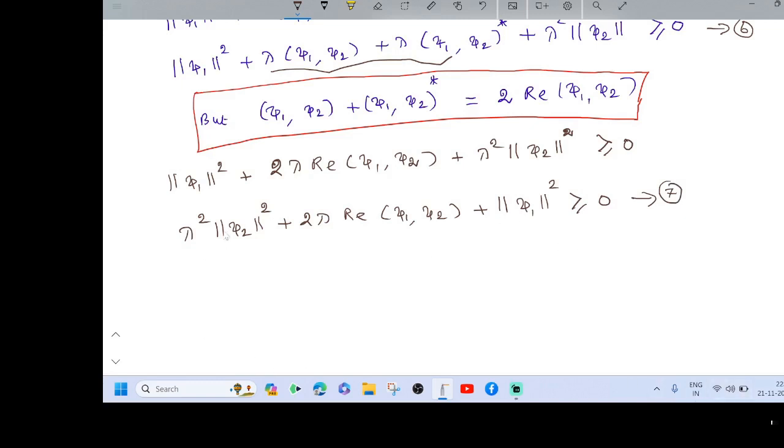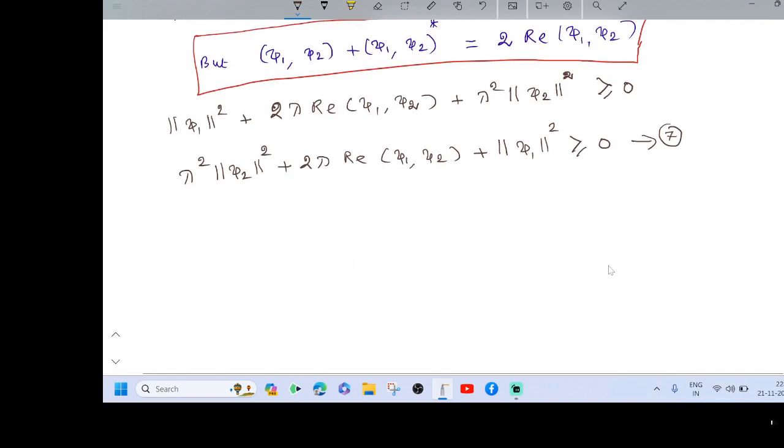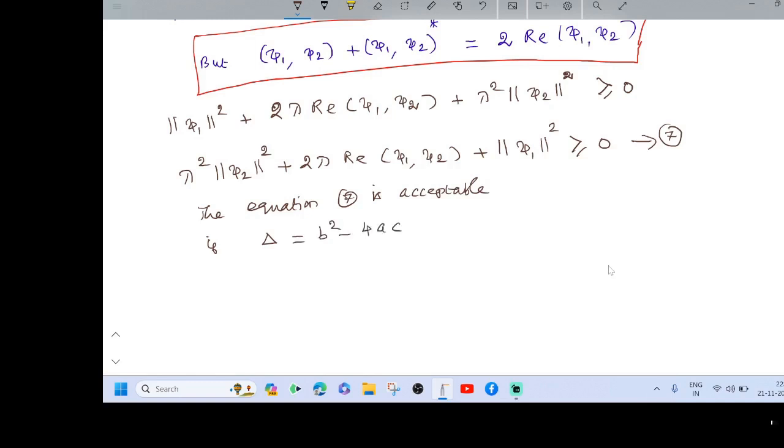So this quadratic equation, equation 7, is acceptable if delta, which is equal to b square minus 4ac, is less than or equal to 0.